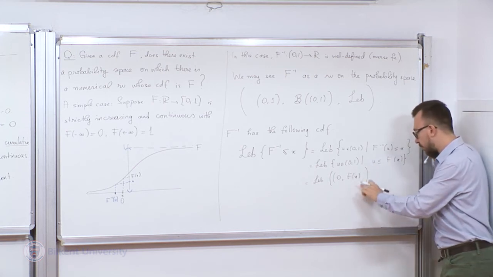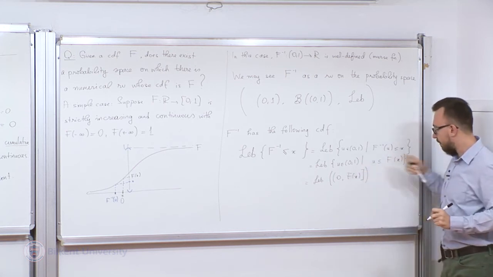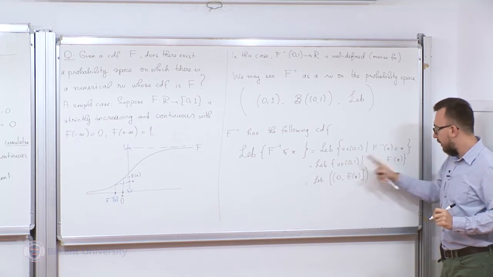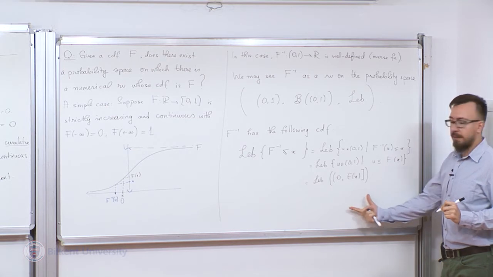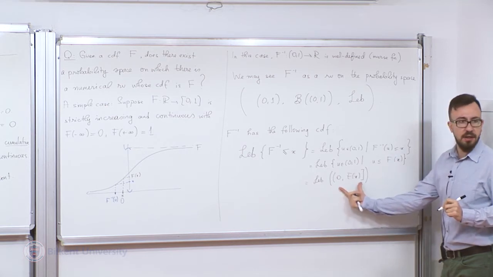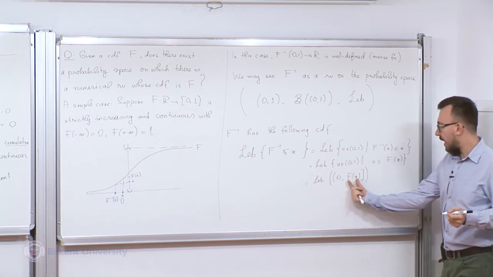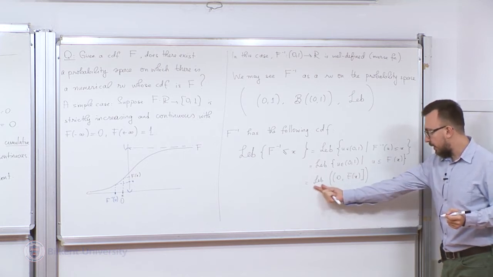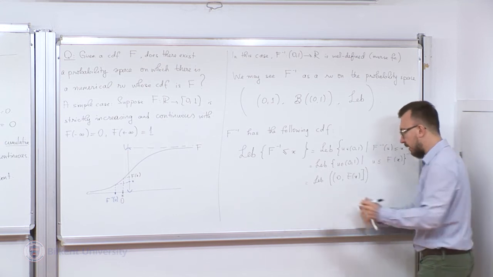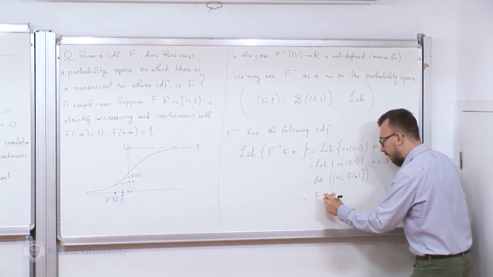U is between 0 and this f of x. Just f of x, right? F of x is a number between 0 and 1, and we're measuring the length of it. So the length of this interval is just f of x.